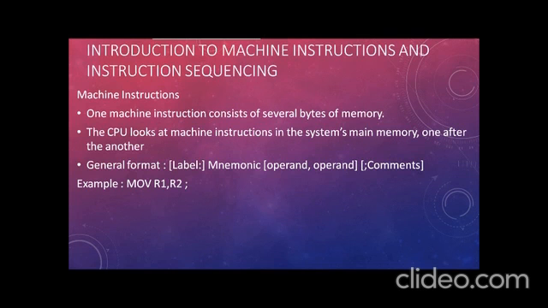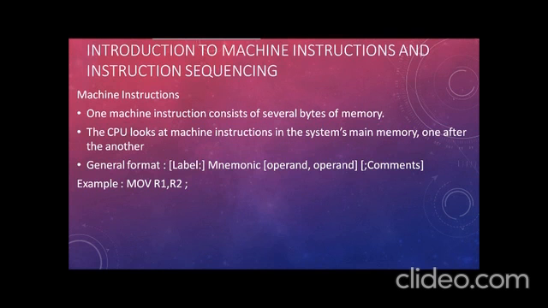The processor looks at machine instructions in the system's main memory one after the other and performs one machine operation for each machine instruction. The collection of machine instructions in main memory is called a machine language program.